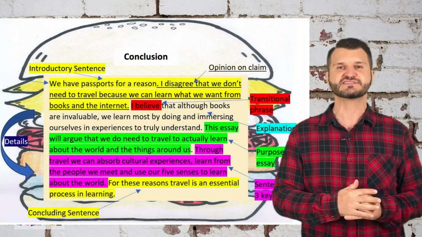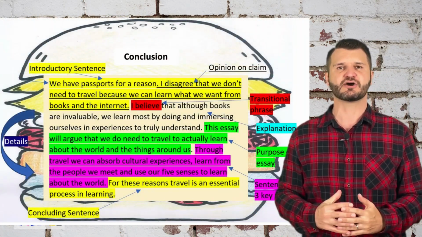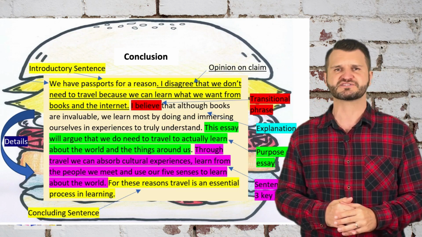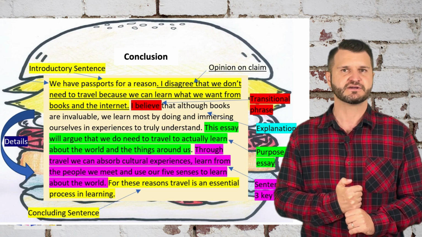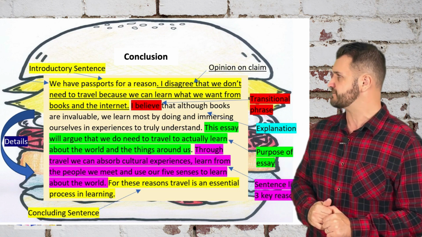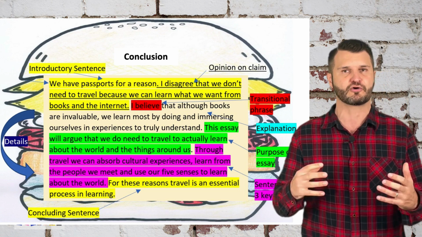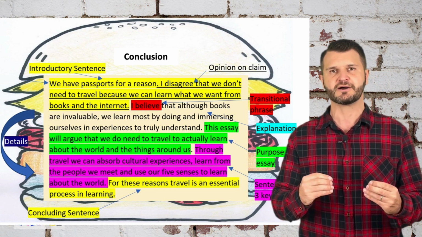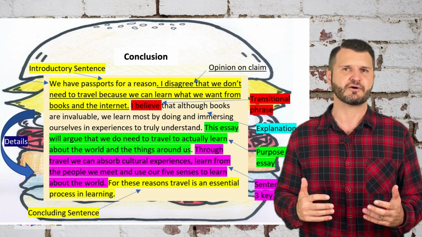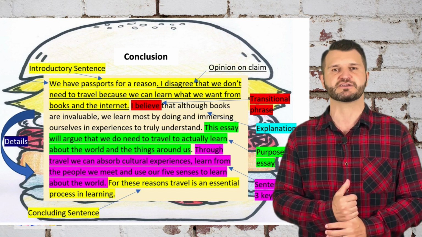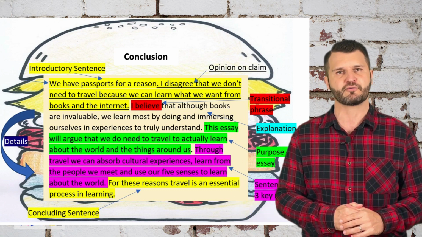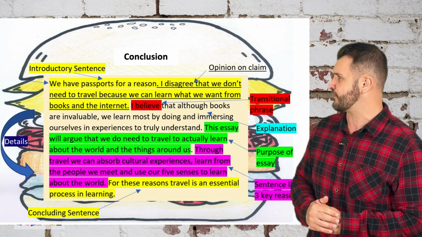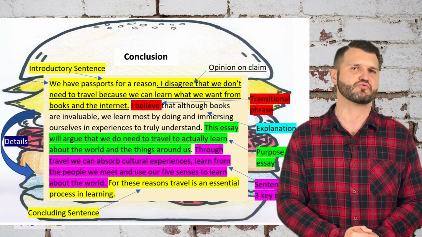All right, so now you can see this paragraph annotated. Now, you need to use this annotated paragraph to help you write your own awesome introductory paragraph for our opinion essay. You can see in yellow, we have the introductory sentence and a hook where we introduce the reader to what the paragraph is about, using that hamburger strategy. Then we have all the details in the middle of the paragraph. We have a transitional phrase, I believe, in red.